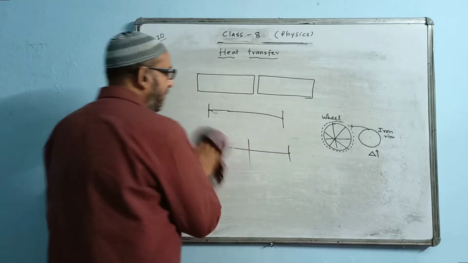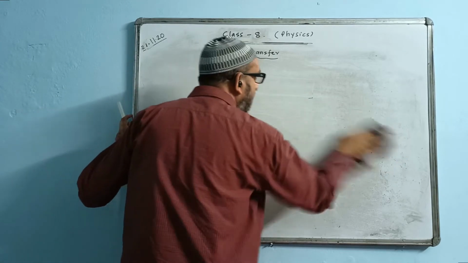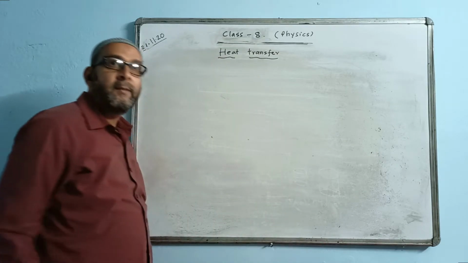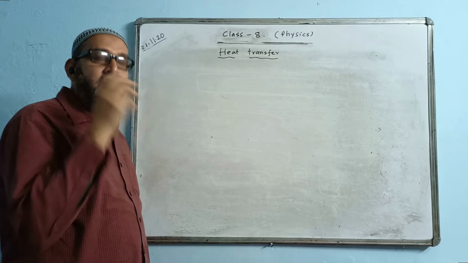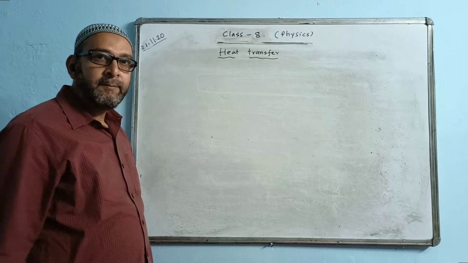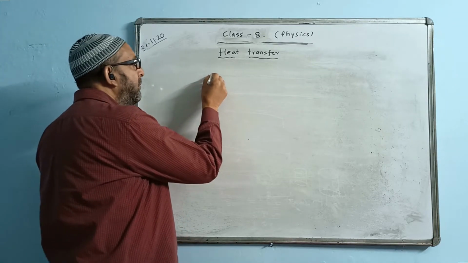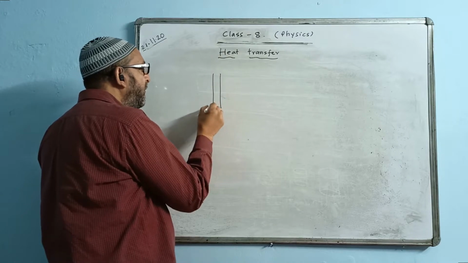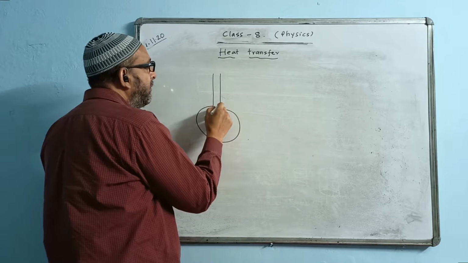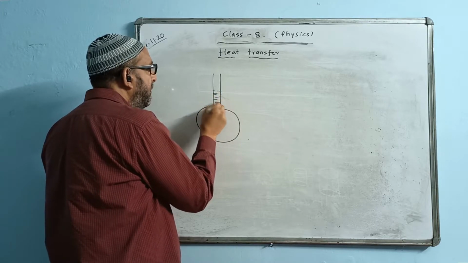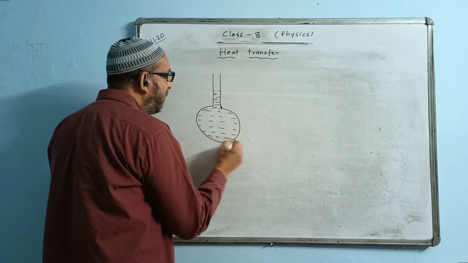Now let us take the case of volume expansion, mainly liquid expansion and gas expansion. You must have seen, we take some liquid in a flask like this. This is called a measuring flask. You may take some liquid, or let us take water in it.